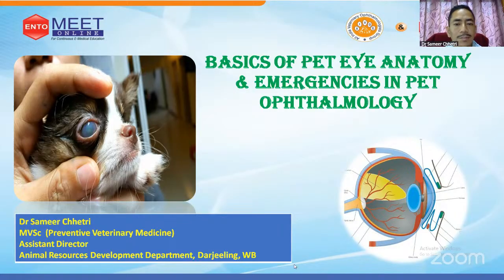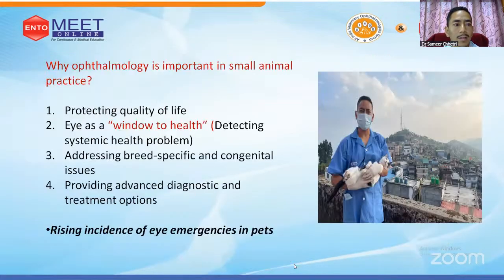Nankit, for introducing me. So today we will be talking about the basics of pet eye anatomy and emergencies in pet ophthalmology. Starting with why ophthalmology is important in small animal practice. As we all know, we see a lot of eye emergency cases in pets, but most of these emergency cases are ignored.